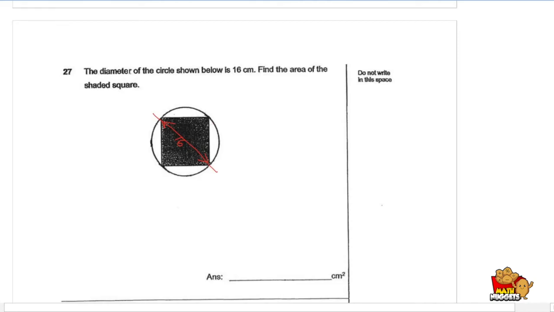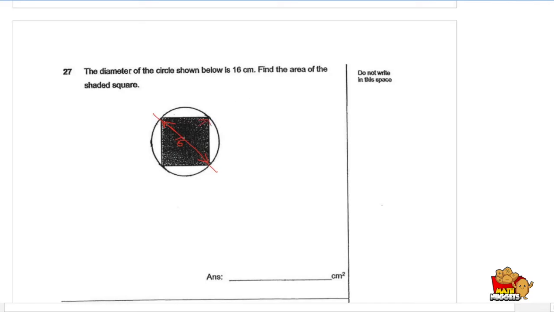I'm going to not look at the square as a square. I'm going to look at the square as 2 triangles. So I cut it out right in the middle like that. So in order to find the area of the square, I will find 2 triangles.